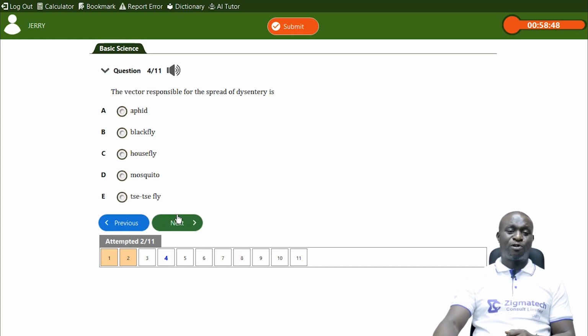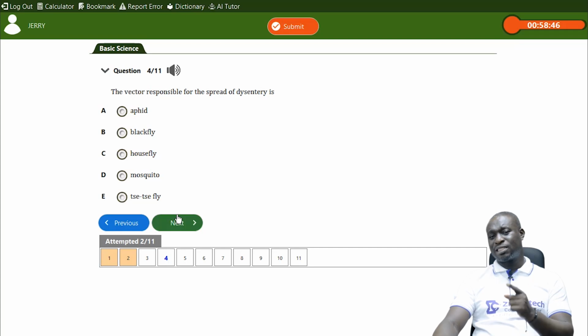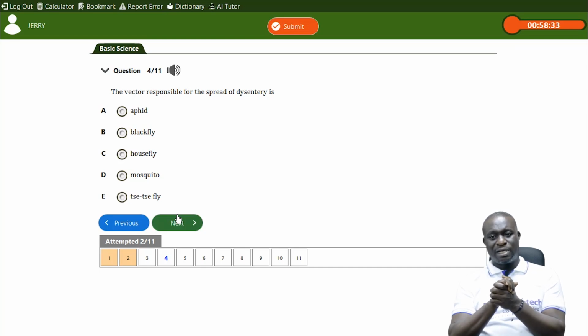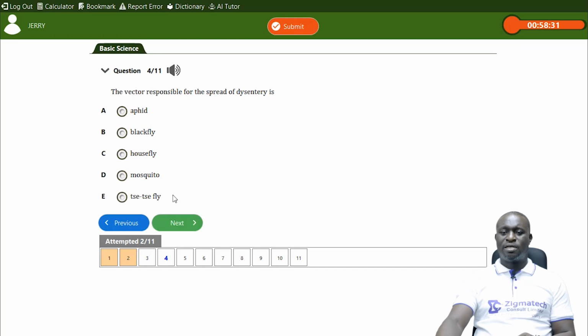Remember we said that the symptoms of dysentery are synonymous with those of cholera, and the vector responsible for the spread of cholera is the housefly. Hence, the vector responsible for the spread of dysentery is also the housefly.